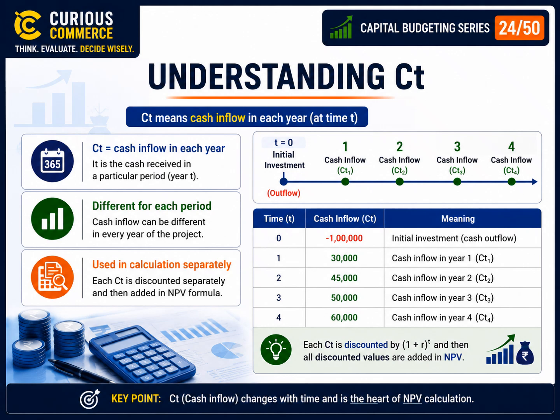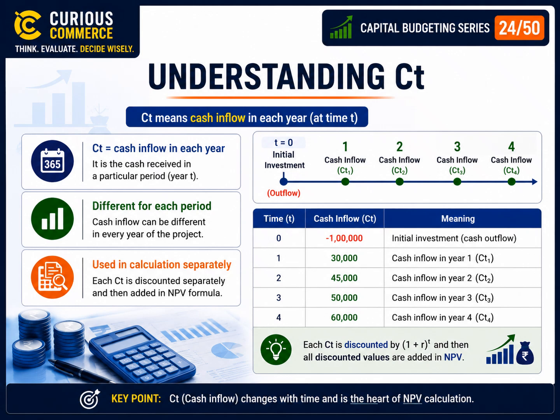A project may earn low profit initially and high profit later. That's why each year is calculated separately. The important point is, do not combine all cash inflows together before discounting. Each year must be discounted individually. This is one of the most common mistakes students make. Always remember, different year, different discounting calculations.